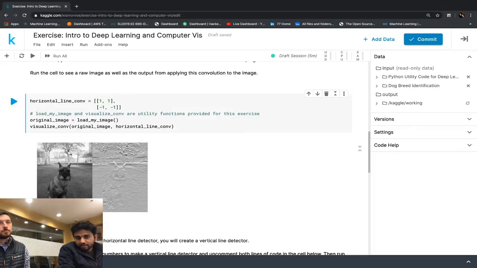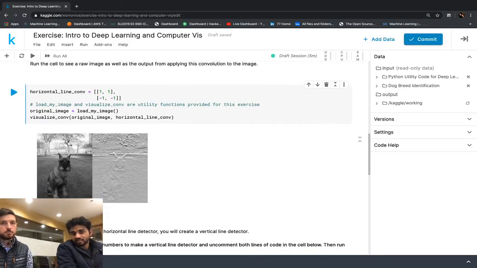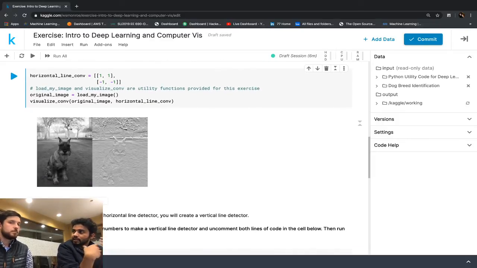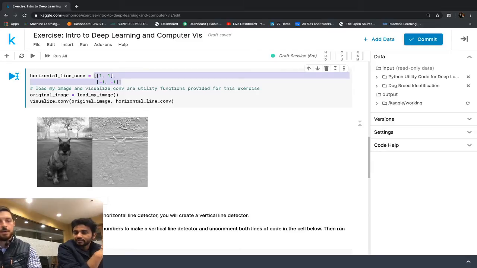Like you were mentioning, if we have something at a diagonal, that diagonal line has components from both the x and y axes, so depending upon how slanted that line is, it can get deeper definition or much lighter definition.